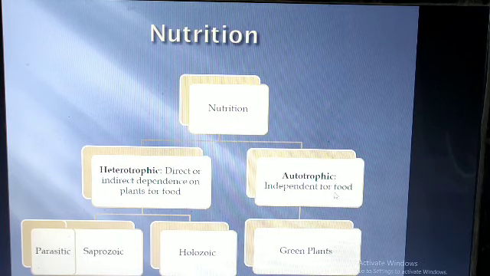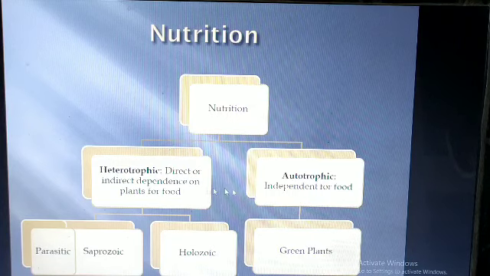They have certain infrastructure, certain mechanism and certain facilities that help them to produce their own food. Since auto means self and trophism means nutrition, the living things which are self-dependent for food are called autotrophs.